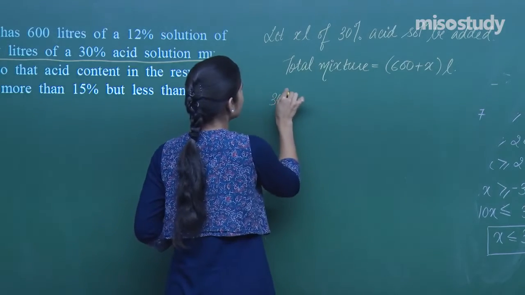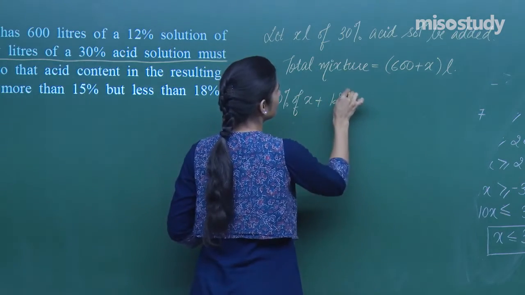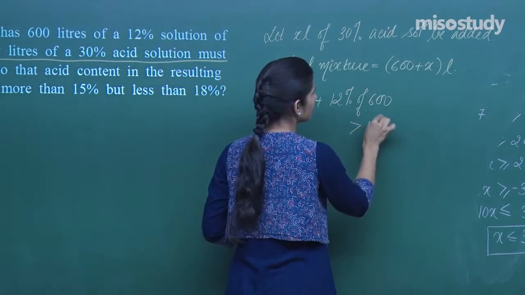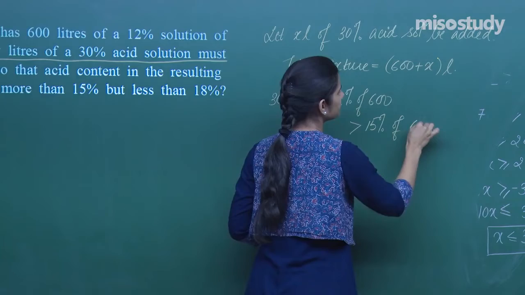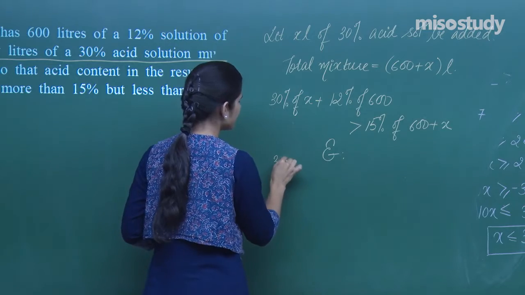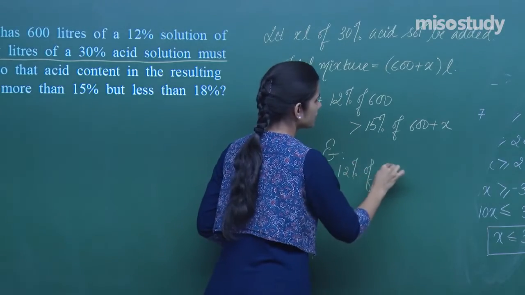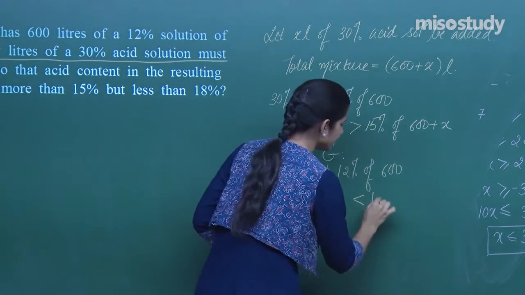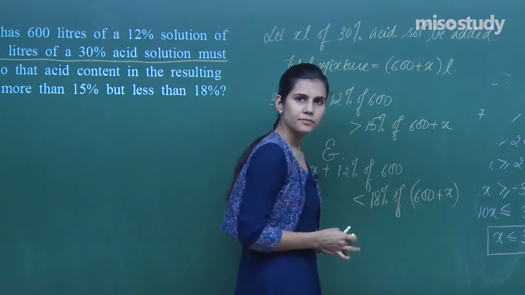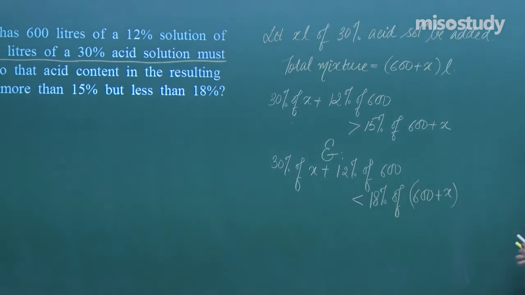Now, 30% of x plus 12% of 600 should be more than 15% of the resulting mixture, and 30% of x plus 12% of 600 should be less than 18% of the resulting mixture. So this is going to give rise to two inequalities before us. Let's try to sort them and get the range of x.